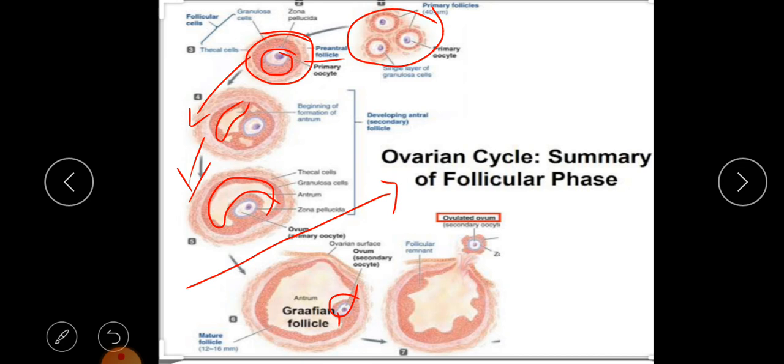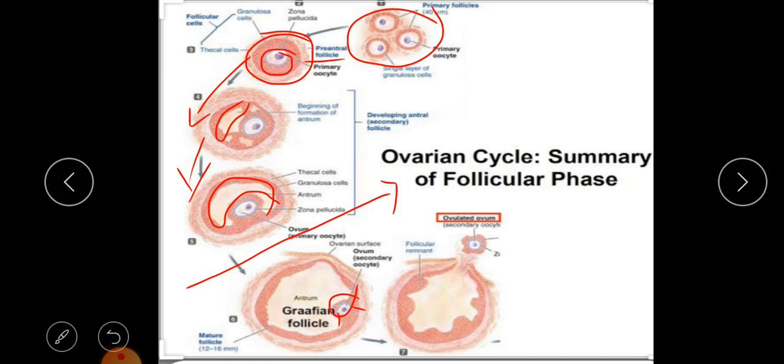There is a small space which connects the edge of the oocyte and the granulosa thecal layer, that is the cumulus oophorus layer, and then we will see some granulosa membrane formation and thecal formation around the complete follicular cell. Like this the structure is changed at the maturation stage.